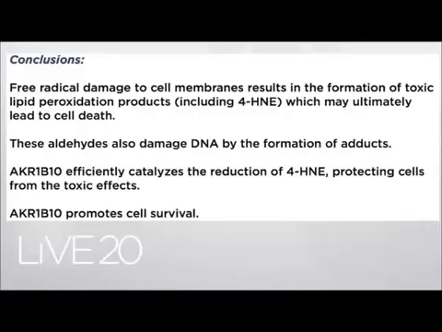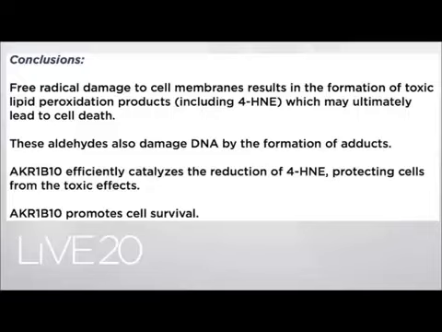So that broadly is T-bars. More specifically, it's talking about one of those products, 4-hydroxynonenal, 4-HNE, which may ultimately lead to cell death. These aldehydes damage the DNA. They can cause mutations. And this gene product efficiently catalyzes the reduction of 4-HNE, protecting cells from toxic effects.